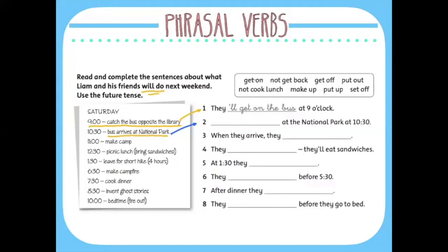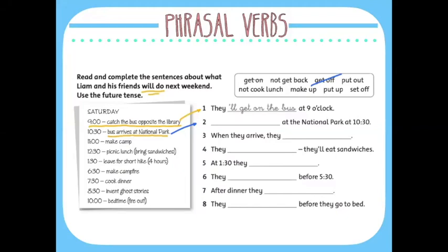Very good. Bus arrives at National Park. So what is the best? Who wants to make the sentence? Gadea. I think the verb is get off. Get off. Very good. So make the sentence. The bus.